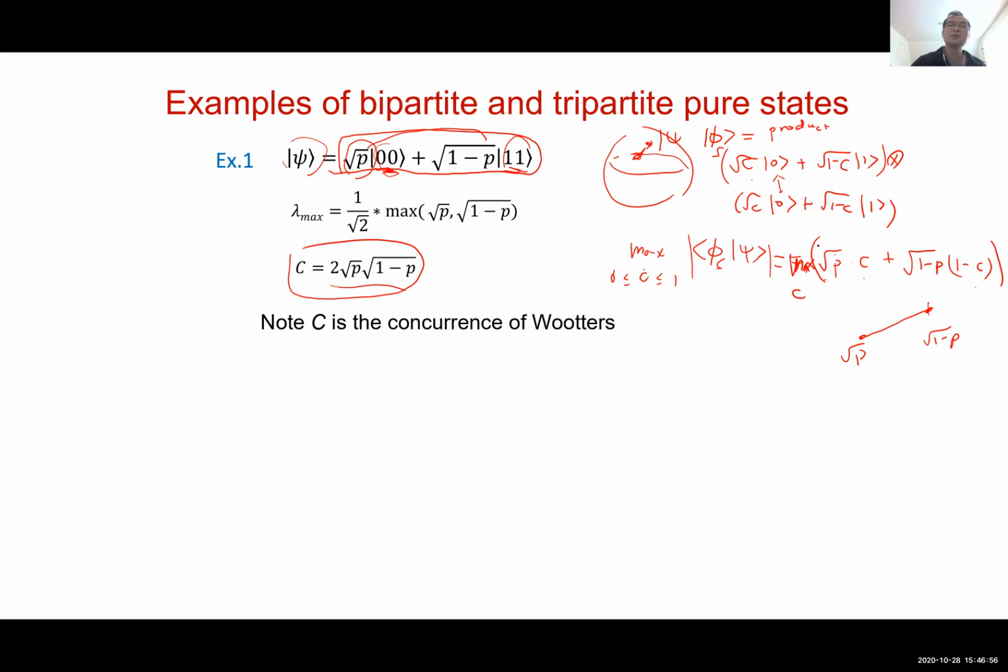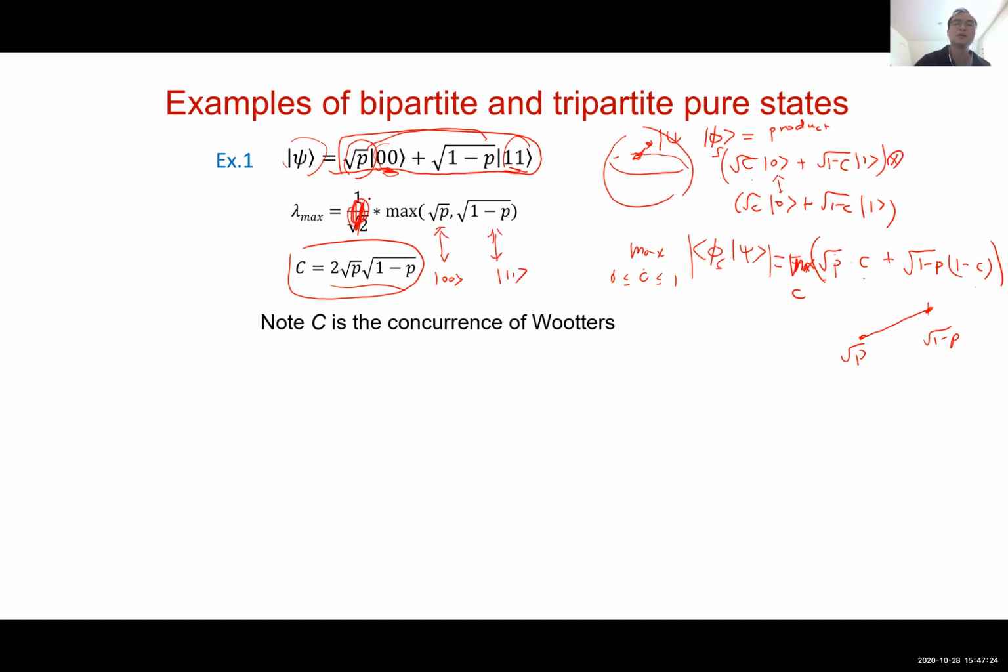So the maximum overlap is basically either square root of p or square root of 1 minus p. In this case, if it's square root of p, the product state that's closest is 0,0. In this case, it's 1,1.